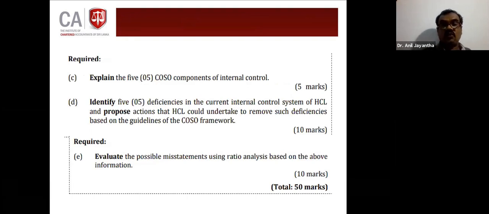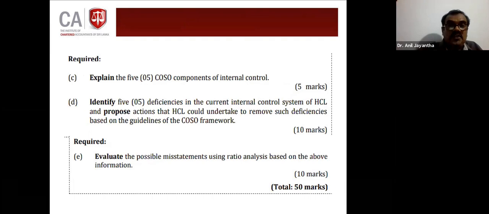Explain 5 COSO components of internal controls. So you see, some ease of dealing with unseen with this kind of questions. Even without referring to the information given in pre-seen and unseen, you can directly answer this question. So likewise, you may have some leverages, some advantages.